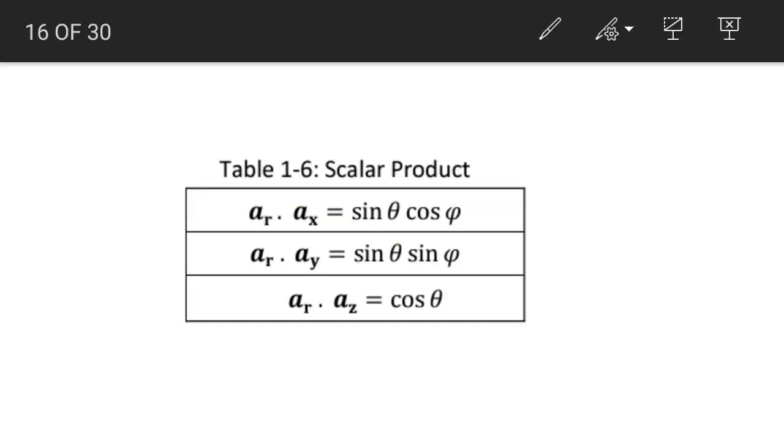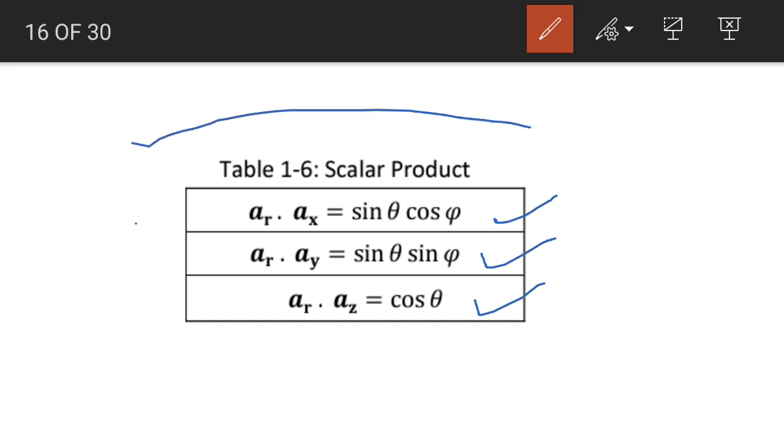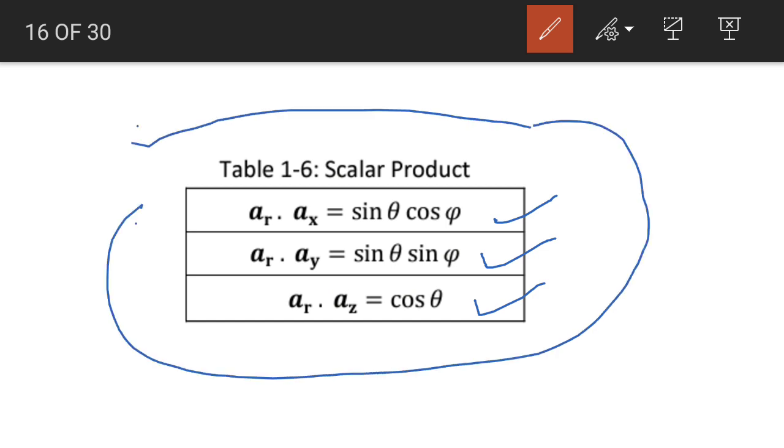And we have already considered these dot products: ar dot ax results in sin theta cos phi, ar dot ay results in sin theta sin phi, and ar dot az results in cos theta.